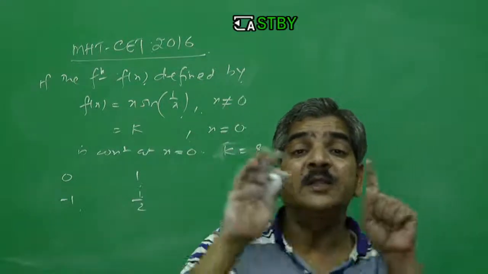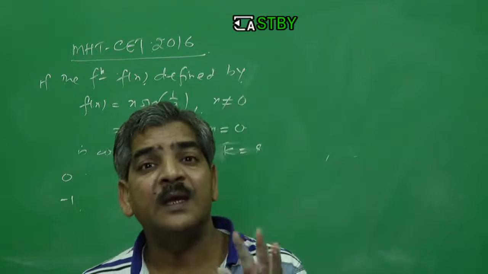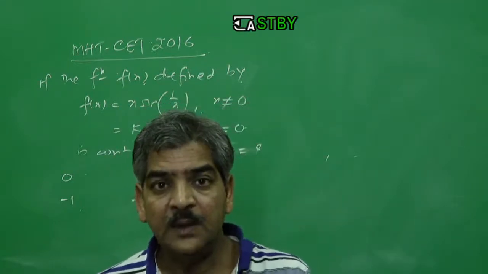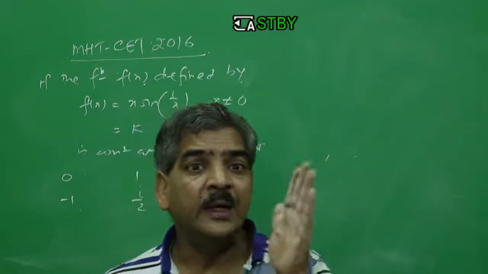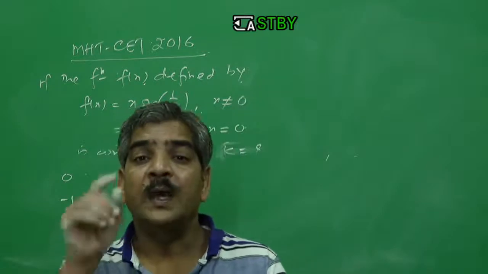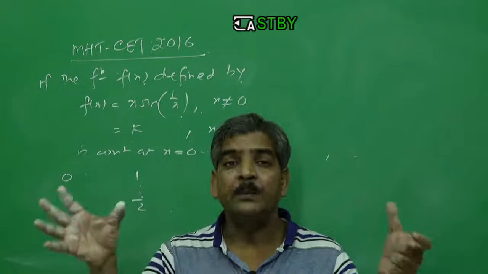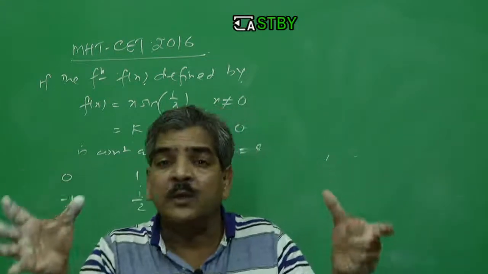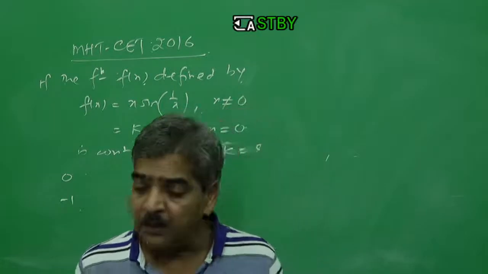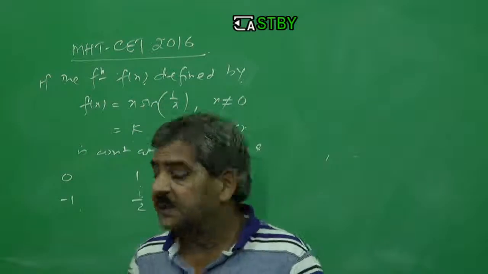In all the problems we have solved so far, what did we do? We checked continuity. What does checking continuity mean? We calculated the limit of the function as x tends to a separately. We calculated the value of the function at a separately. Then we compare both quantities. If both quantities are equal, we call the function continuous. If both values are not equal, we call the function discontinuous.